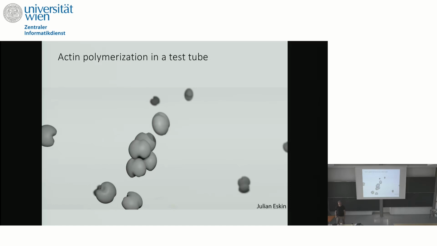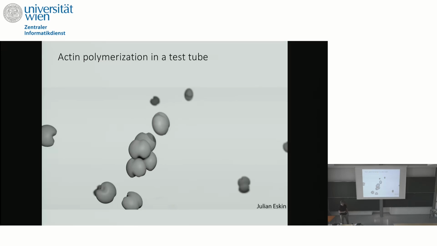Just for those of you who don't think about constructing a filament, I thought it might be useful to get you in the right mind frame. So here's a little movie that shows if you were to take a bunch of actin proteins, these little blobs, about 2.5, 3 nanometers in size from side to side.